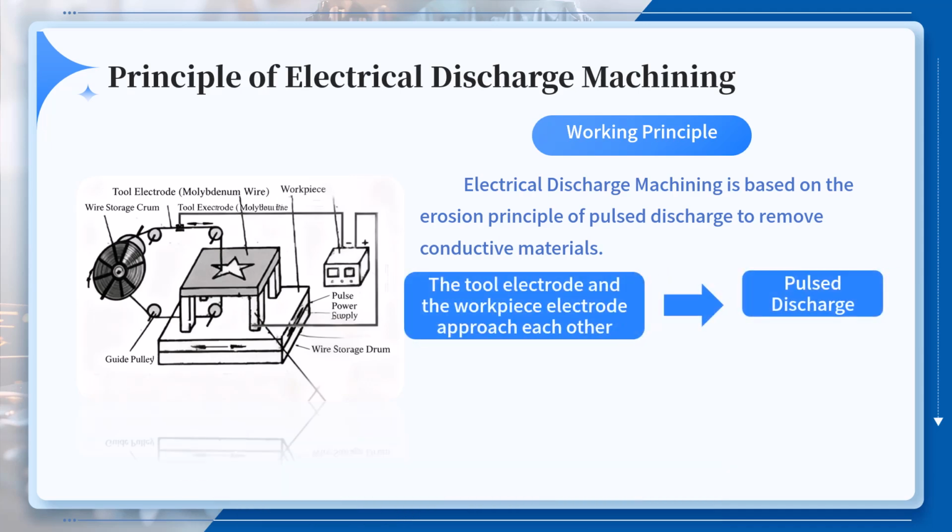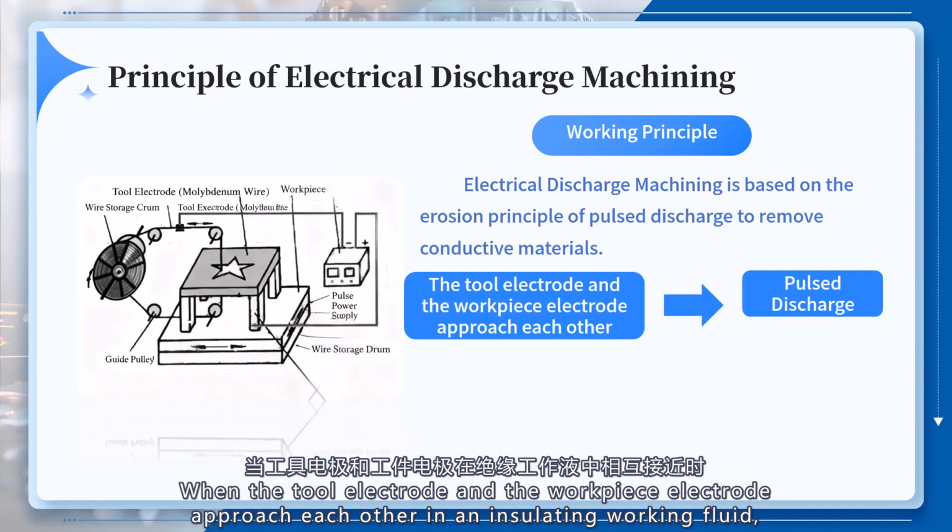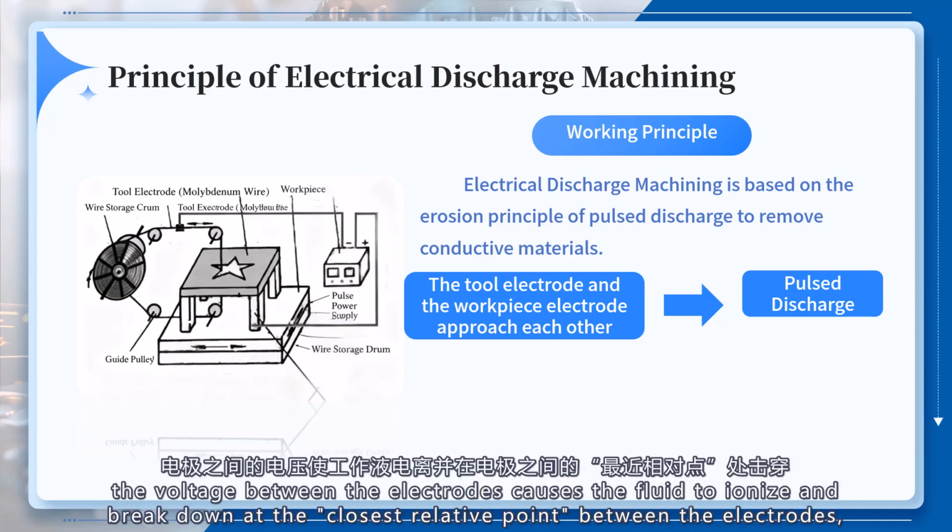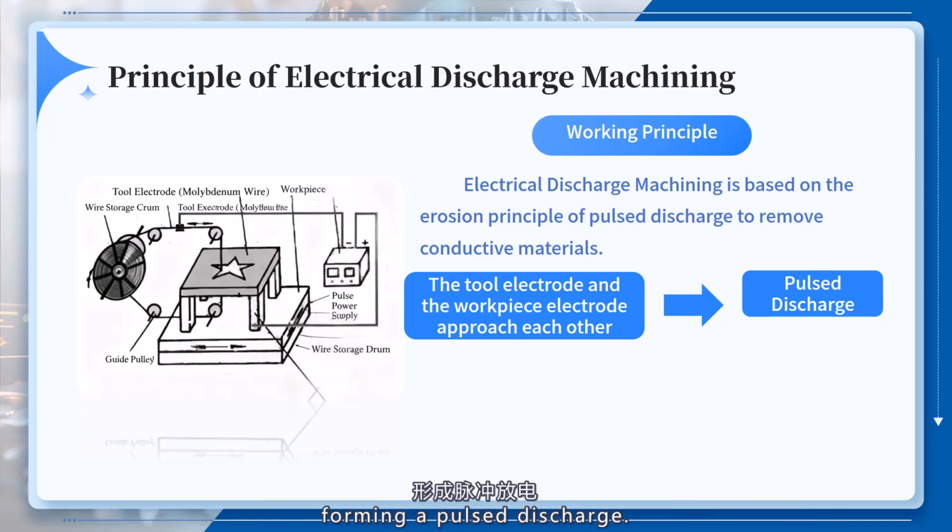When the tool electrode and the workpiece electrode approach each other in an insulating working fluid, the voltage between the electrodes causes the fluid to ionize and break down at the closest relative point between the electrodes, forming a pulsed discharge.